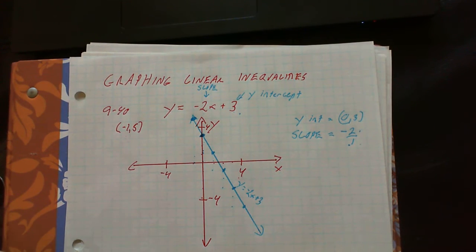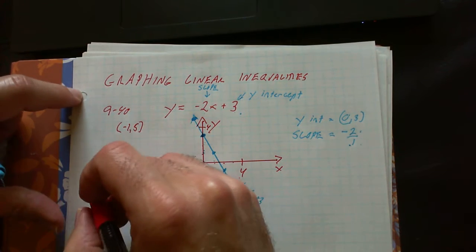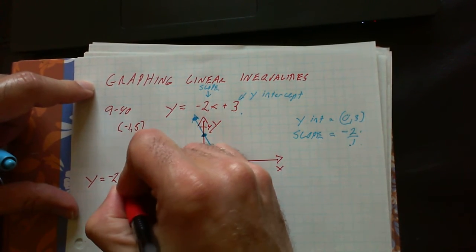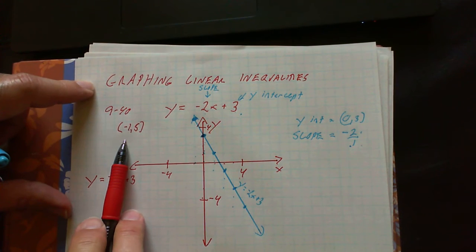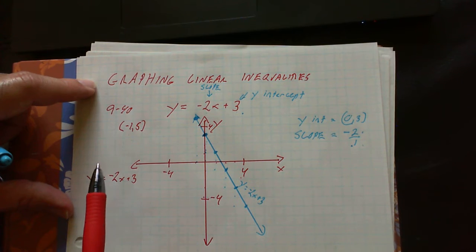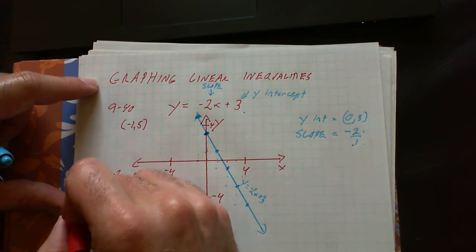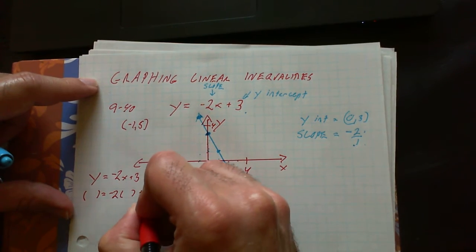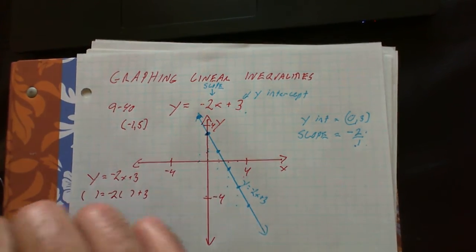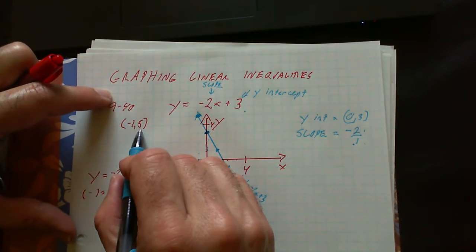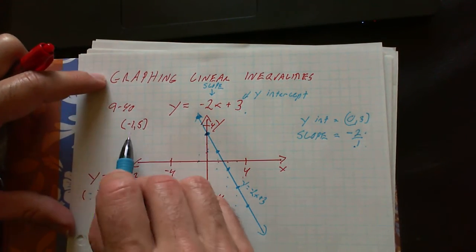But there's another way we can tell. We can also take this y equals -2x plus 3, and plug in my -1 for my x and my 5 for my y and see if it comes out. So let's go ahead and plug this in. Which one's my y?